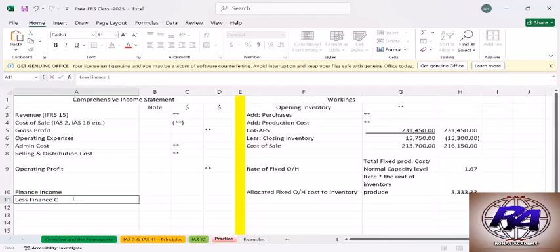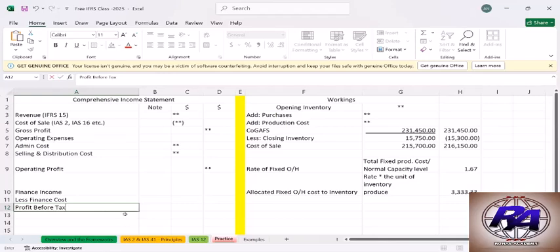We call them finance costs. So you add finance income to your operating profit, and then you less finance costs from your operating profit, and you get what we call profits before tax.